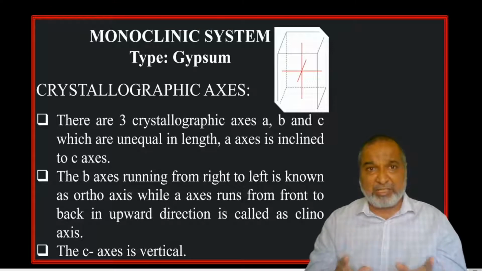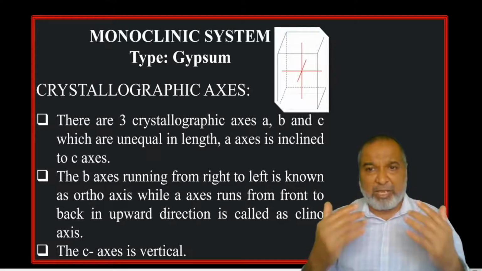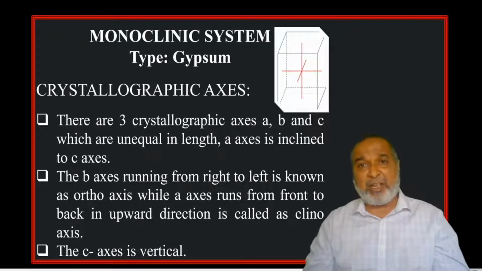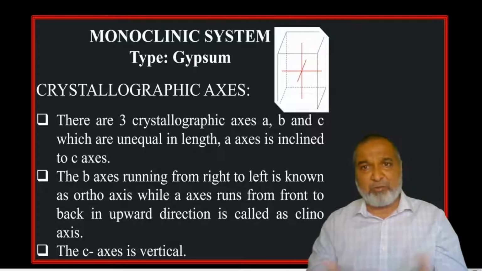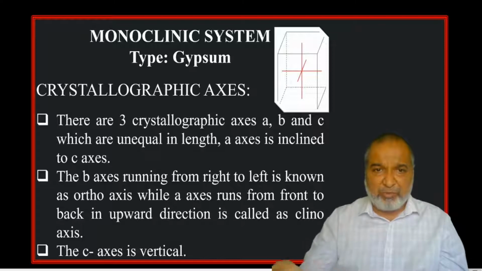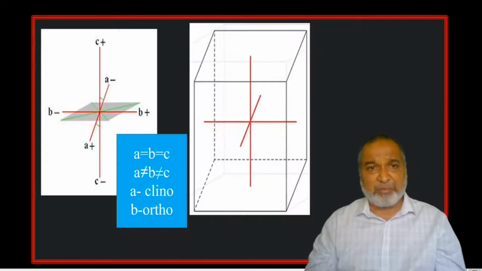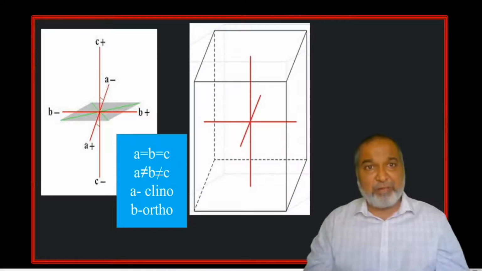Remember this. The vertical axis is the C axis, and the B axis we can call the ortho axis, that is the intermediate axis.